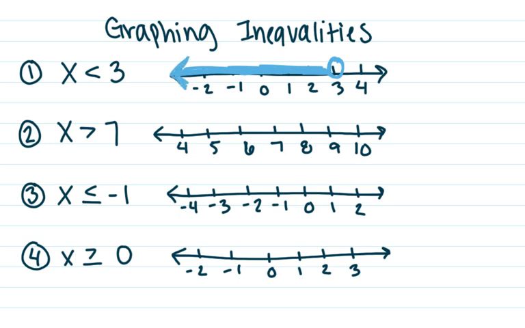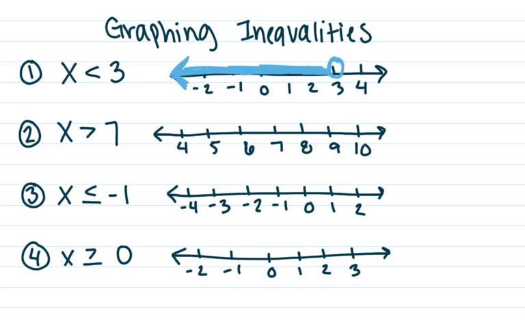And so I am going to shade every number to the left, and I'm even going to draw an arrow on the end like that, because if my number line kept going, so would my shading. I would continue to shade all the way to negative infinity because all of those numbers are less than 3. But again, I did not shade in 3. That's why that circle is not shaded in, because 3 is not less than 3.